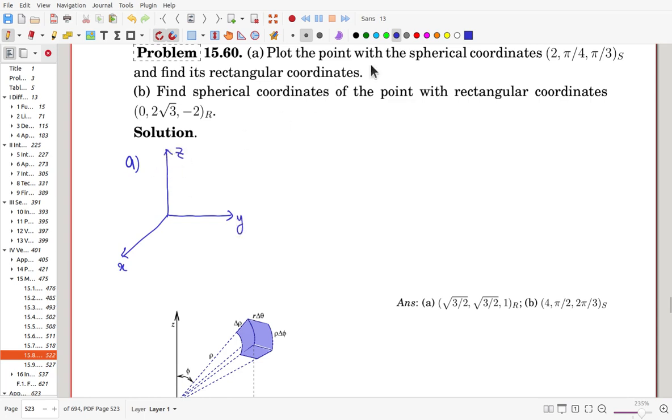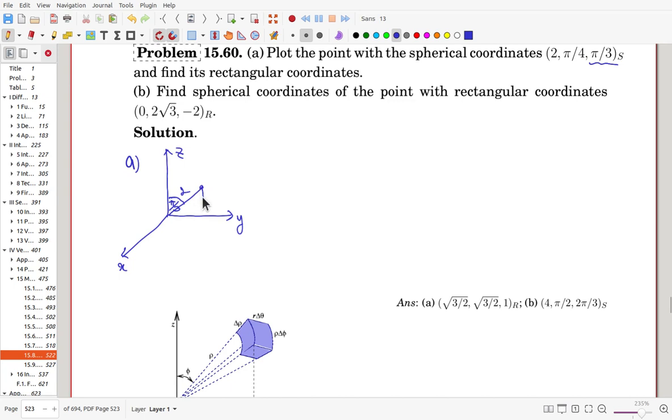Now the first one is rho, with length 2, and theta is pi over 4 from the positive x-axis. It is rotating pi over 4, and from the North Pole the angle is pi over 3. So it looks like around here, with length 2 and the angle from the North Pole pi over 3.